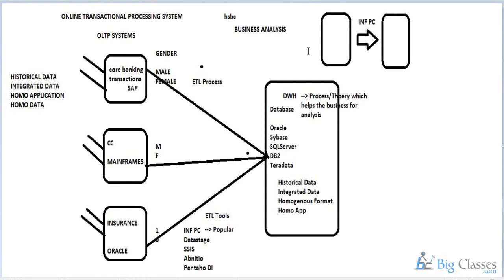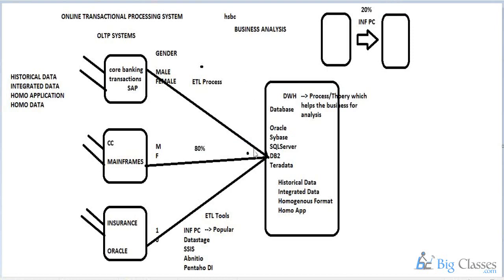So 20% of Informatica Power Center is used in data migration projects, and for the remaining 80%, in most cases, we use it as an ETL tool within the data warehousing environment.